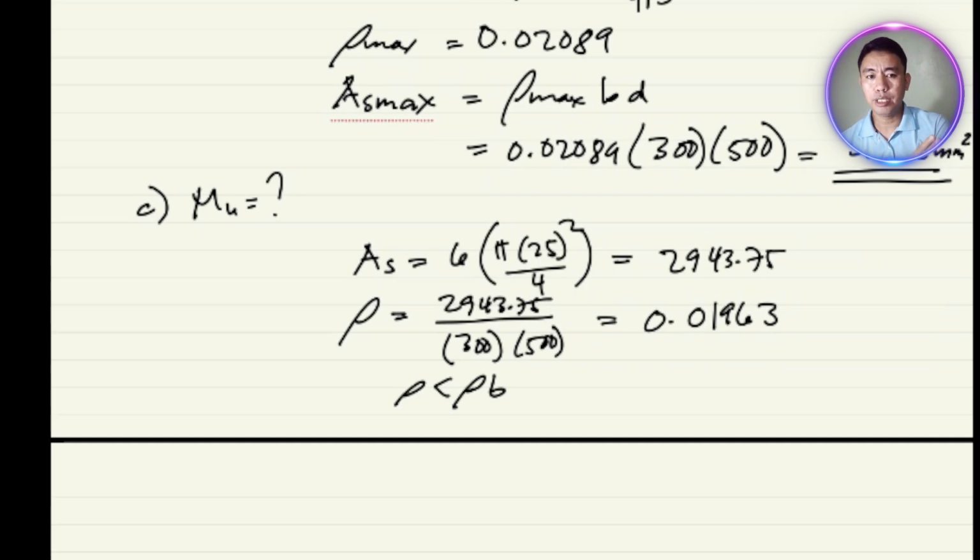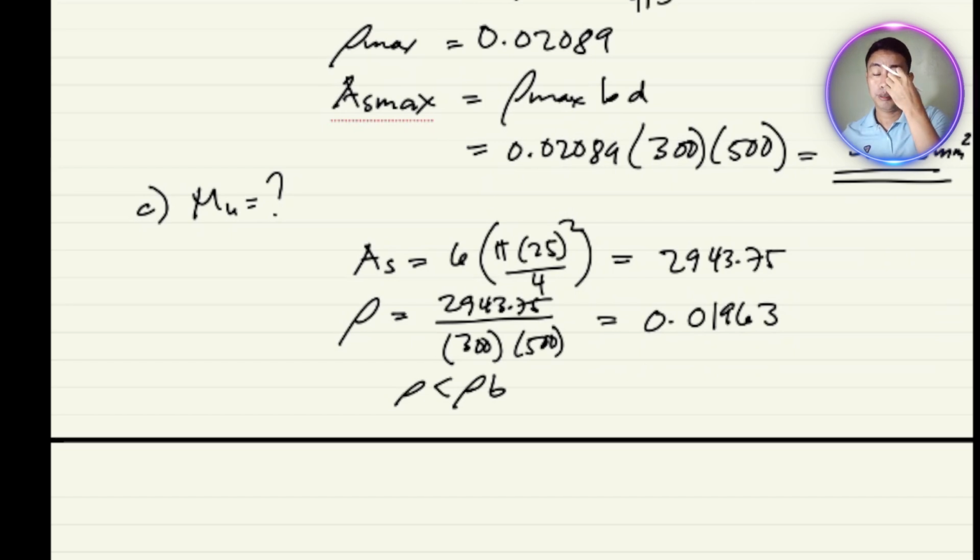So mag-yield yung steel at saka mag-fail rin yung concrete. So if babaan pa natin yung number ng rebar, liitan pa natin yung area ng rebar, that means siya una mag-fail, ang rebar mag-fail kung mas mababa pa sa rho balance.